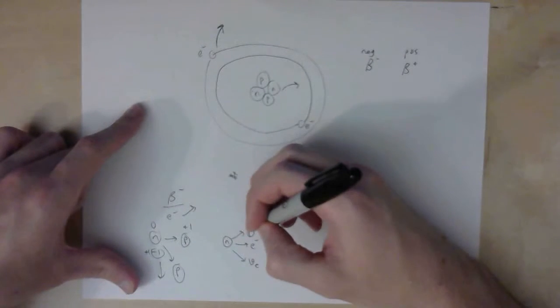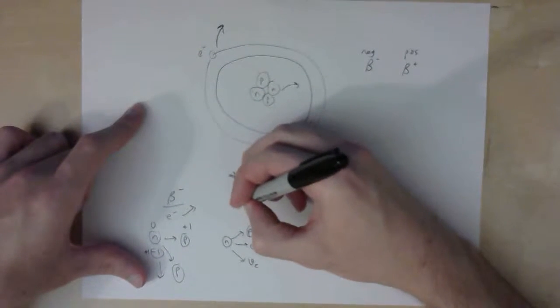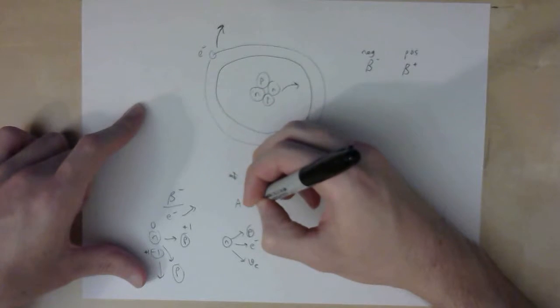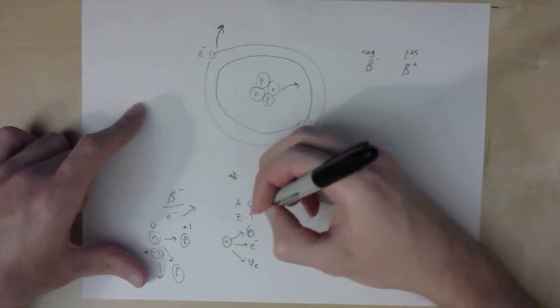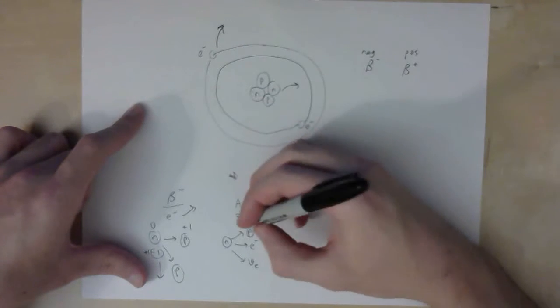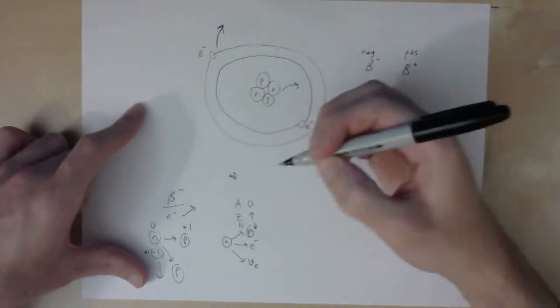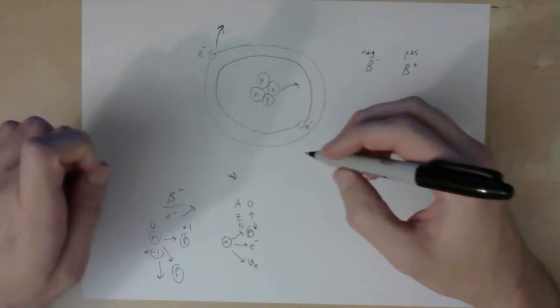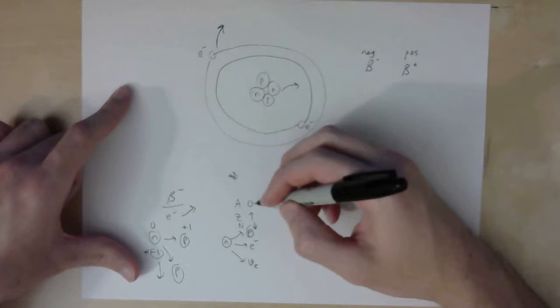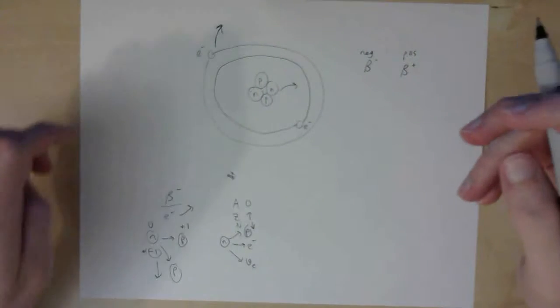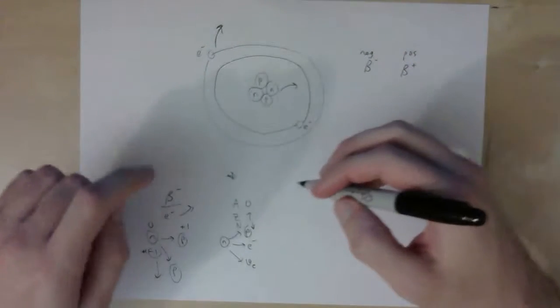As you can see, your A number stays the same, no change, but your Z number gains 1, and your N number loses 1. So this will appear to increase the atomic number. I'm going to get to an example on that in a second.